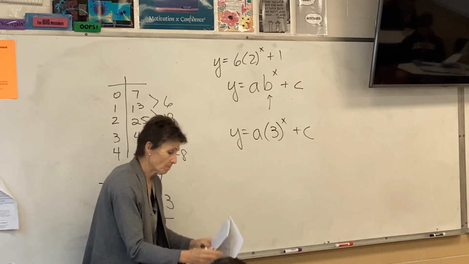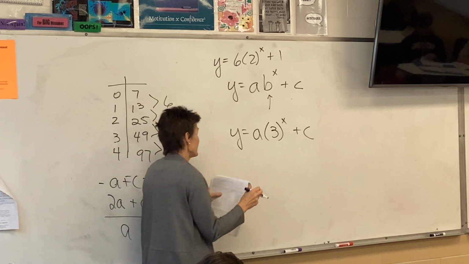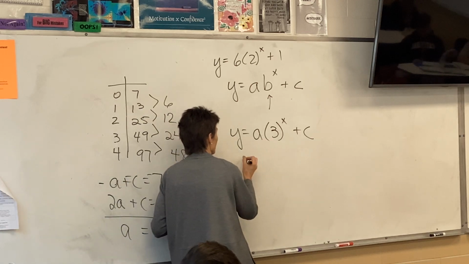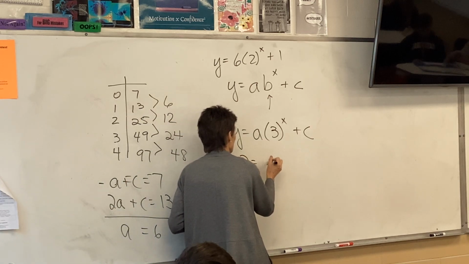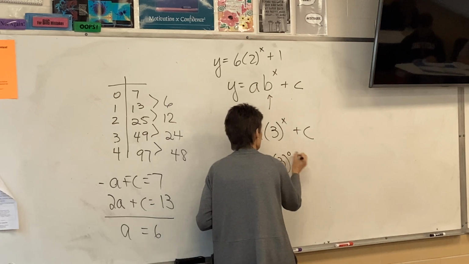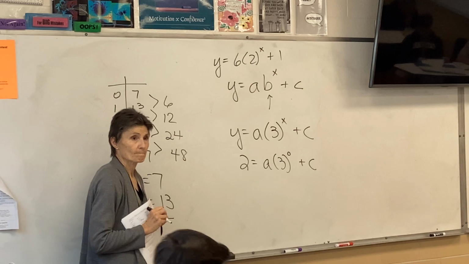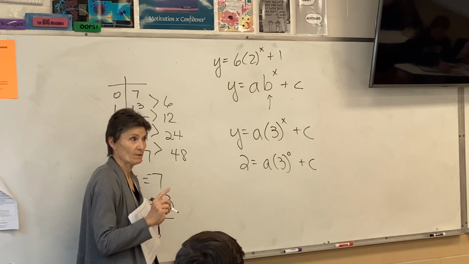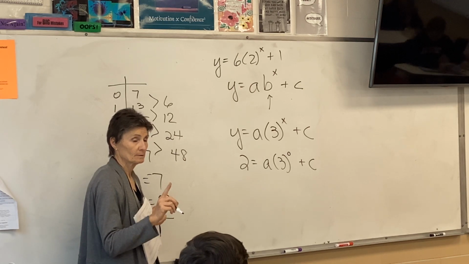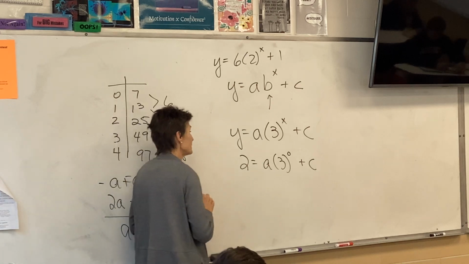The first point is 0, 2. So 2 equals a times 3 to the 0 plus c. Everybody figure out what I'm doing here? All right, let's clean that equation up.